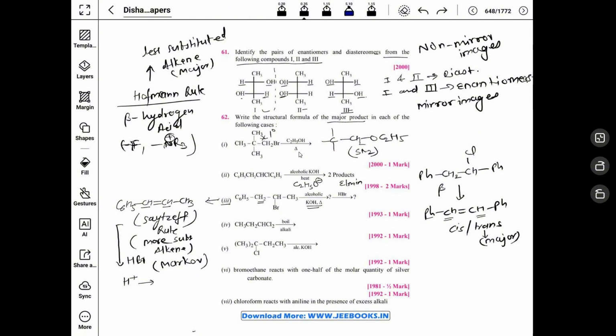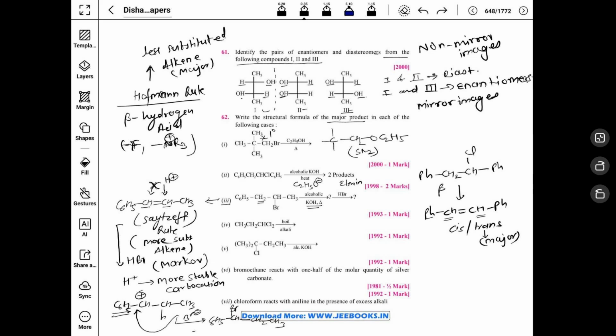So here we have to see which gives the more stable carbocation, and therefore the proton should go to this carbon, not this one. It will give a benzylic carbocation after adding the proton here, and benzylic carbocations are more stable due to resonance stabilization by the phenyl ring. After that, bromide will attack to give the desired product.